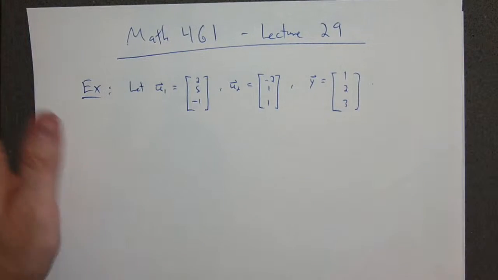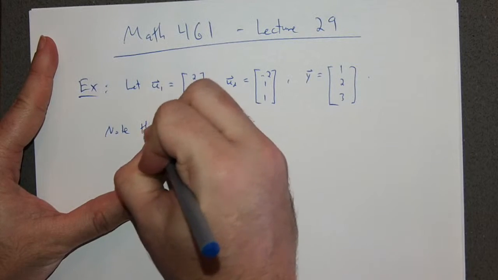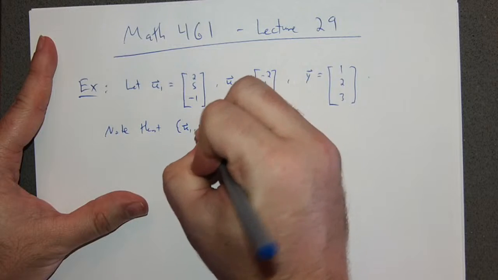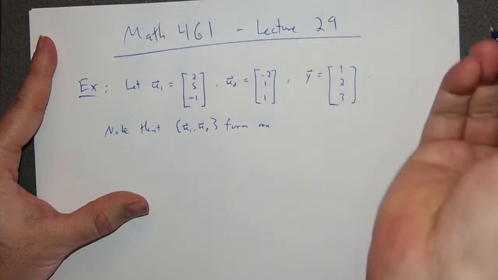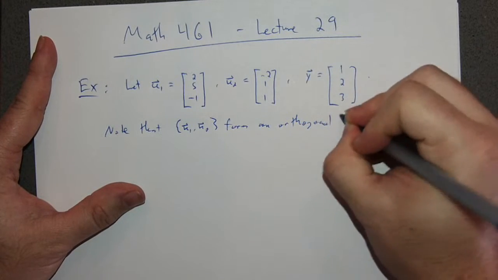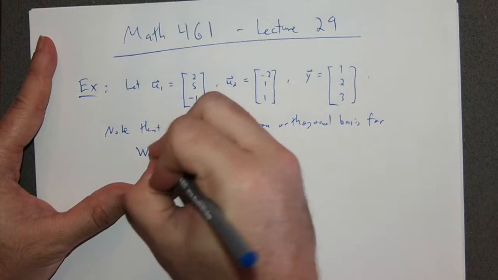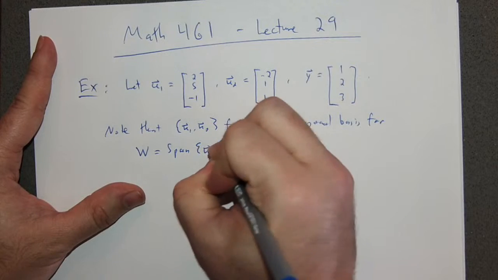Okay, so note that the set of vectors u1, u2 form an orthogonal basis for W, which is the span of those two vectors.